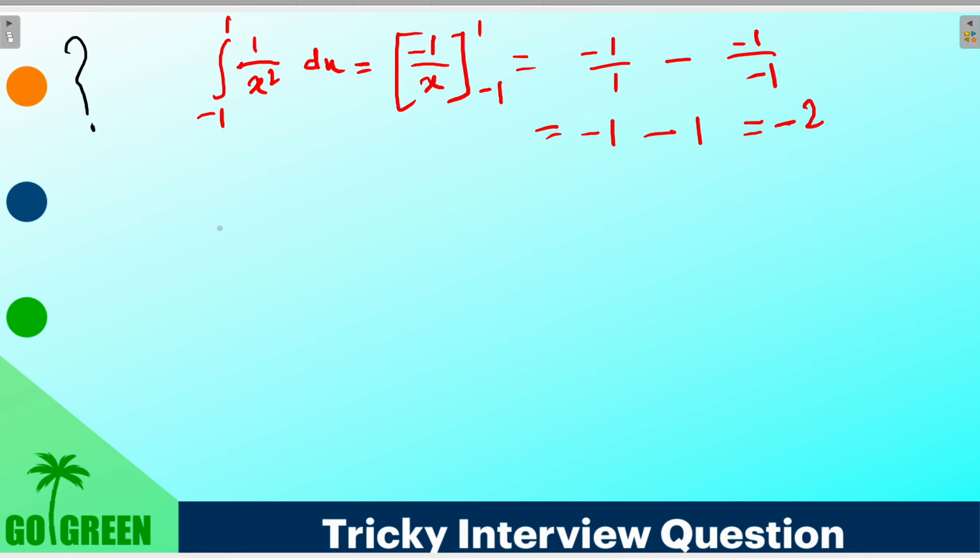Okay, before we check correctness, I have two confusions. The first one is the following. The function here is fx equal to 1 by x square.